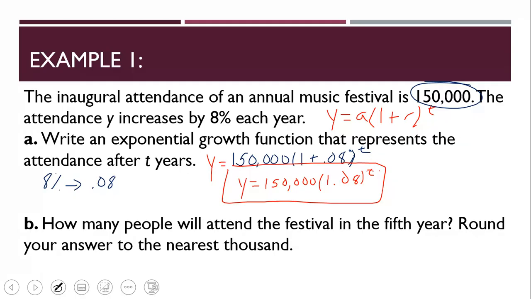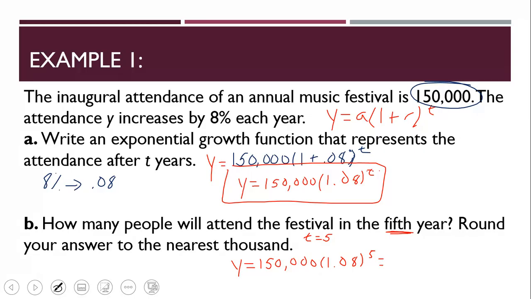Now we want to know how many people will attend the festival in the 5th year. So that t is equal to 5 here. So all we're going to do is plug 5 in for t in our equation. Y equals 150,000, then in parentheses, 1.08 raised to the 5th power.